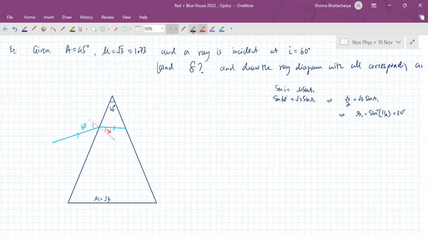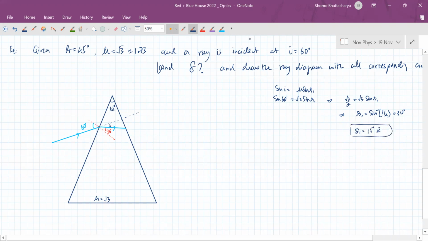And also we can see that the first refraction results in a deviation of 15 degrees. Now we come to the second refraction. When we drop a normal here, we'll see that the angle of incidence will become 15 degrees.